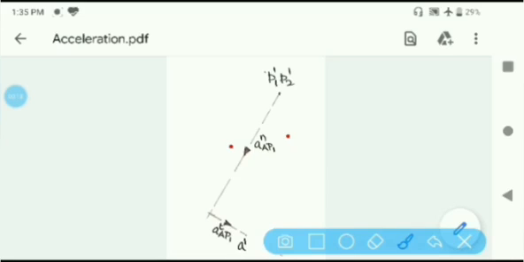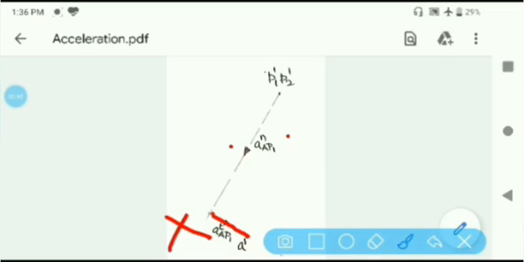Now we need to draw the tangential component. The tangential component of acceleration will be perpendicular to the normal component, and we know the magnitude as well as the direction. So from point X you draw a line perpendicular to the normal component in the downward direction.